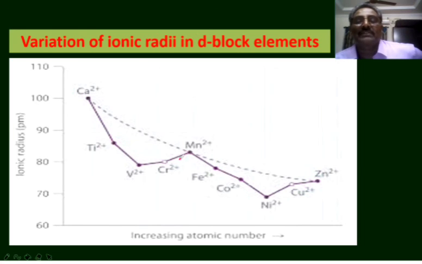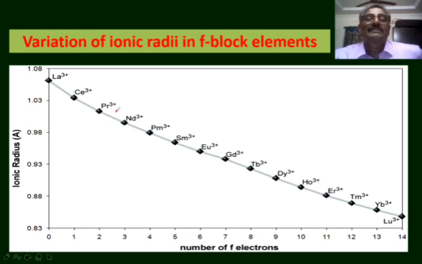The decreasing trend is not uniform in the case of these d block elements. This figure shows the variation of ionic radii in f block elements. There is a steady decrease of ionic radii in the f block elements.